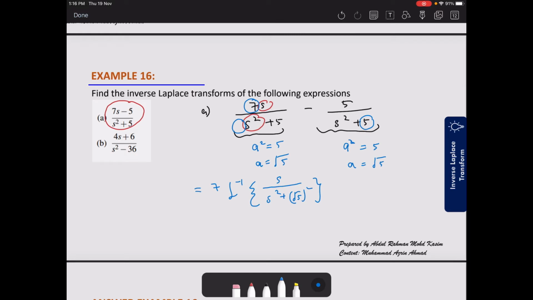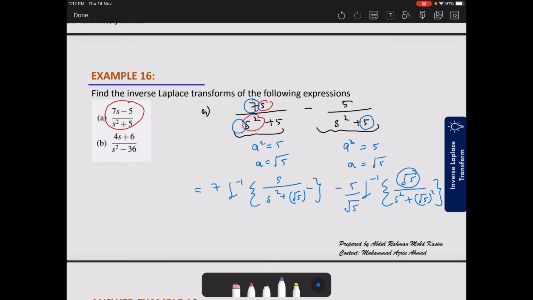Similar to this one, you have 5 over here, but the numerator here should be square root 5. So as I told you, you can bring 5 over here, and then you are taking the Laplace. Then we have s squared plus square root 5 squared, and since you are putting the square root 5 as the numerator, then you need to divide by square root 5.